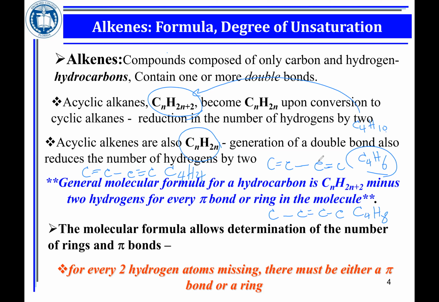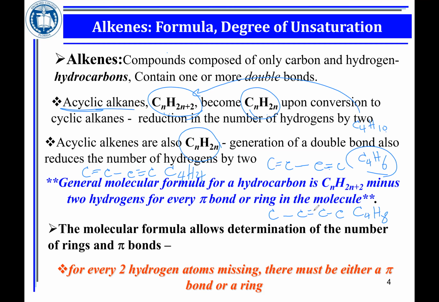When we are talking about alkenes, alkene is known as an unsaturated hydrocarbon, but alkane, or acyclic alkane, those are saturated hydrocarbons. So we have saturated versus unsaturated. If you have more than 1 pi bond, it has a new name, and that is polyunsaturated.